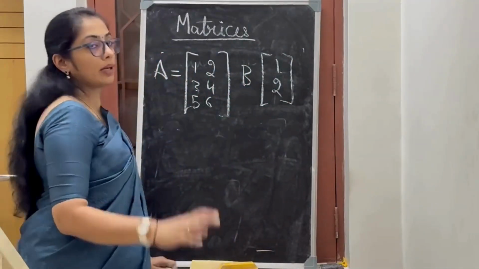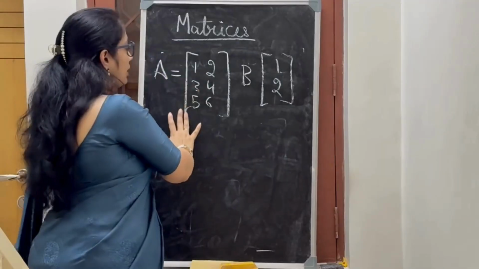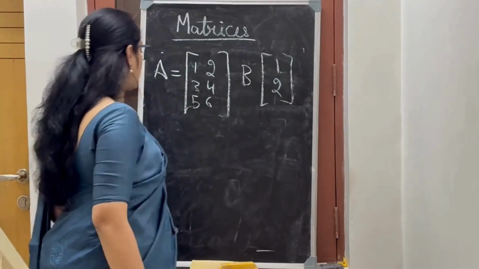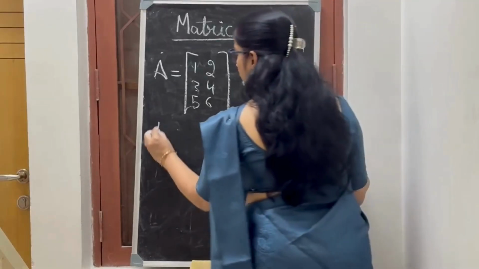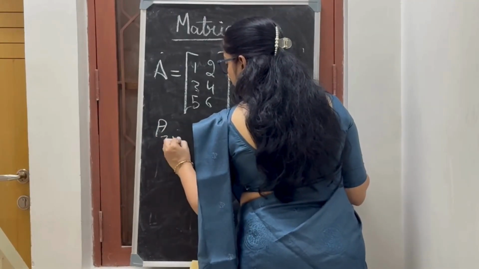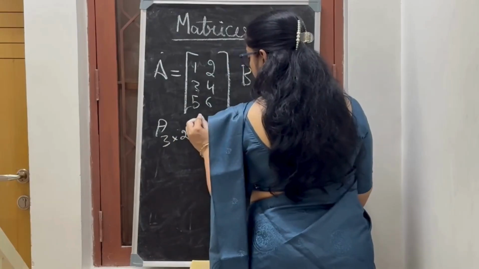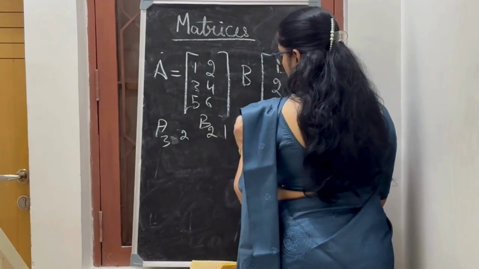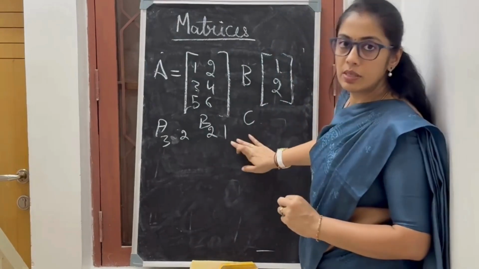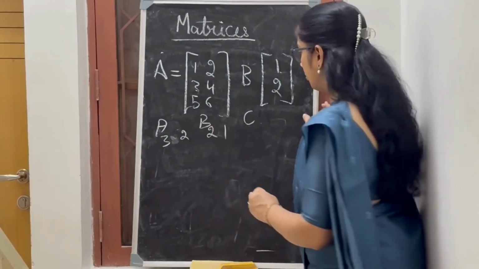Now the last part. Remember how to do this. Okay, these are not of the same order. How will I do it? So if I have to multiply something which is not of the same order, how I do is A has 3 rows, 2 columns. Correct? B has 2 rows, 1 column. Now comes C into the picture. C is nothing but A into B here.